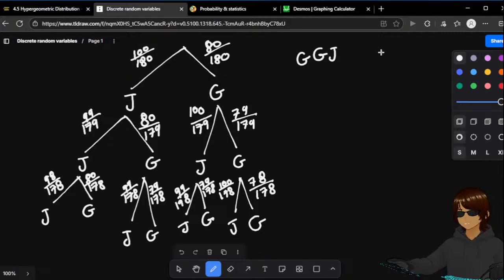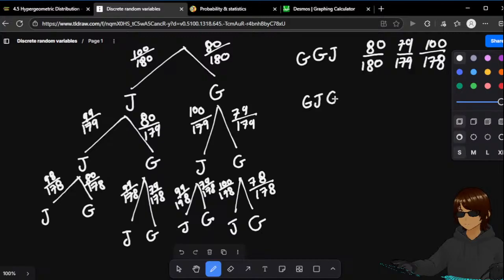In the gummy, gummy, jelly case, it's 80, 79, and then 100. In the gummy, jelly, gummy case, it's 80, 100, 79. So we know that gummy will drop by 2, right?